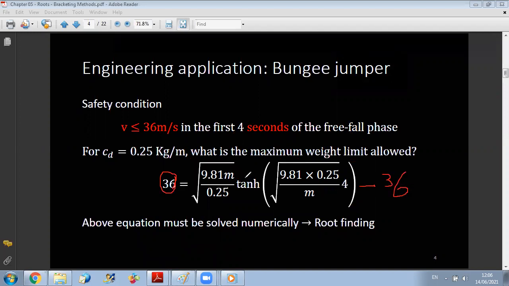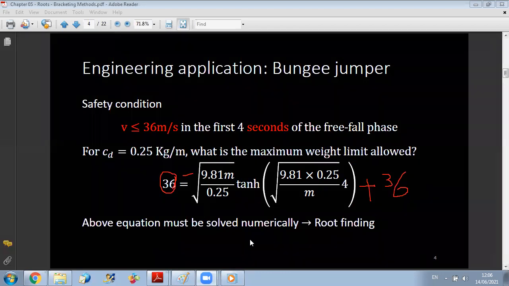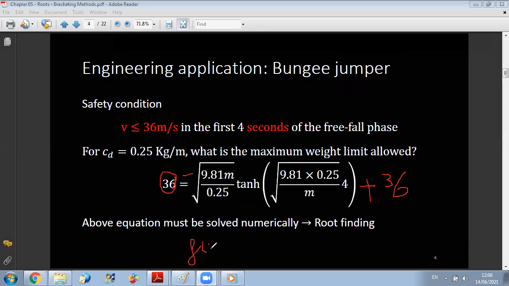Or if I take this term to the other side, the equation will be plus 36 minus radical times hyperbolic tangent equals to 0. And it's equivalent because if you solve for f of m equal to 0, or you solve for minus f of m equals to 0, you will get the same roots. Okay, so both will give you the same result.